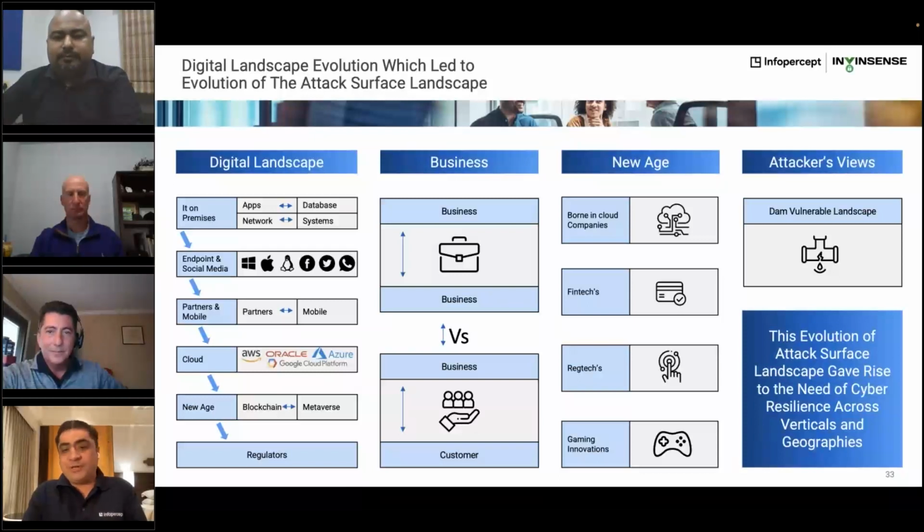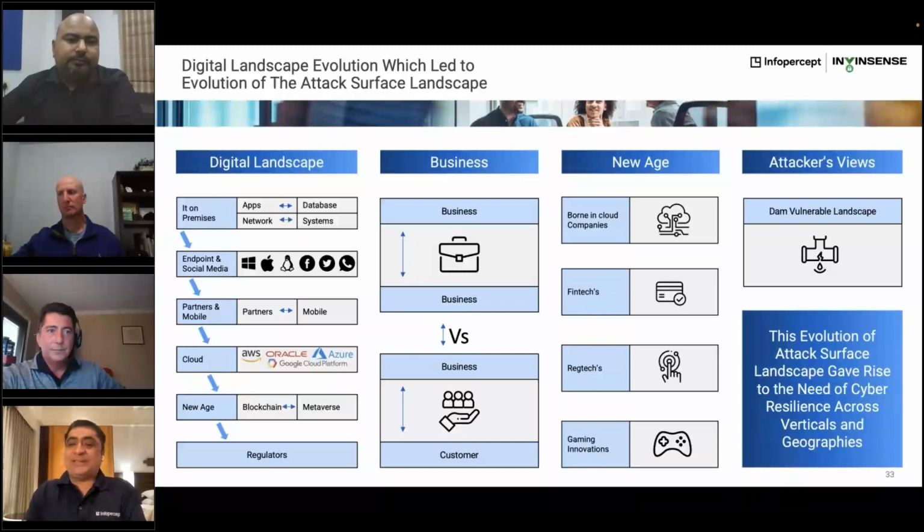Those companies born in the cloud could be a fintech, a regtech, or a lot of gaming innovation, which is an interface that talks to multiple organizations. So it carries a huge amount of data and a huge amount of integration with different companies. This brings in a lot of complexity.